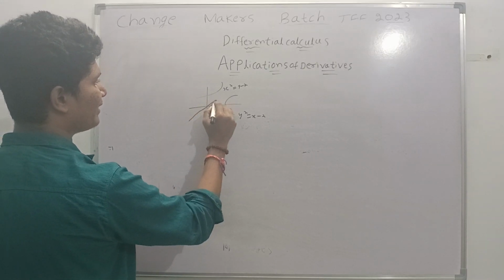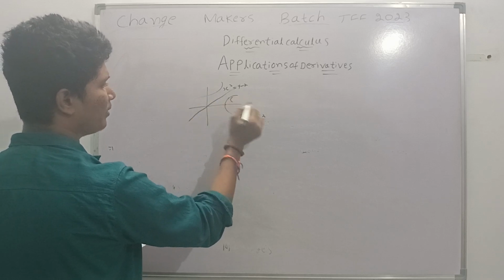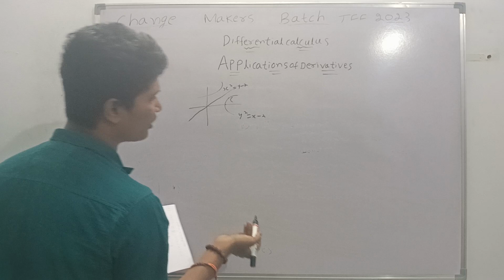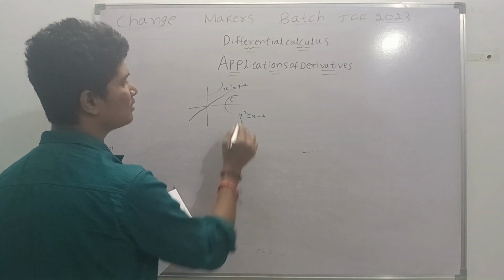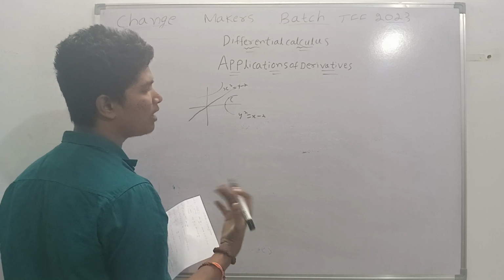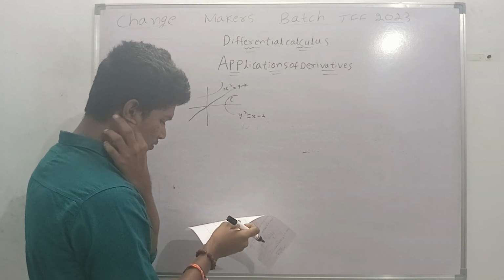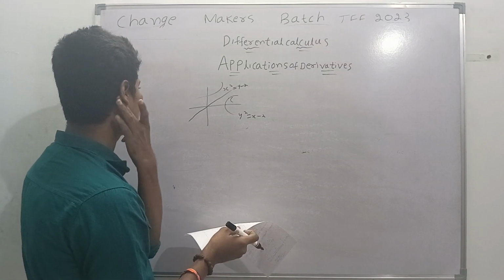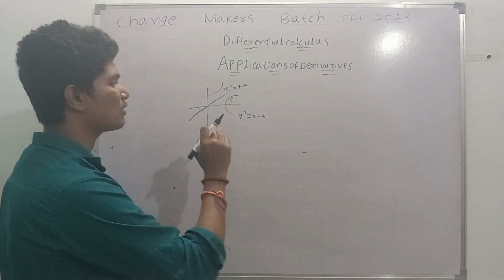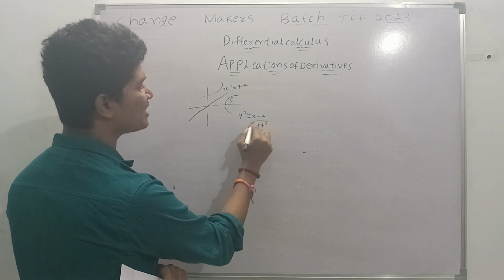If you draw the line like this, and take any parametric point here, what parameter can you take? Suppose it is x minus 2. How to make a perfect square with this? You can take 2 plus t square.